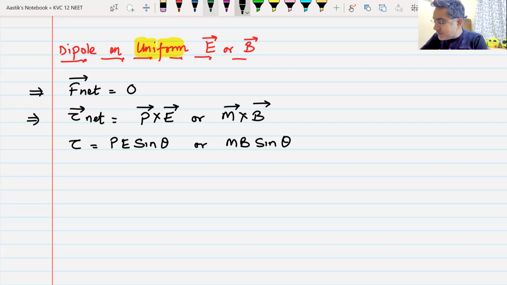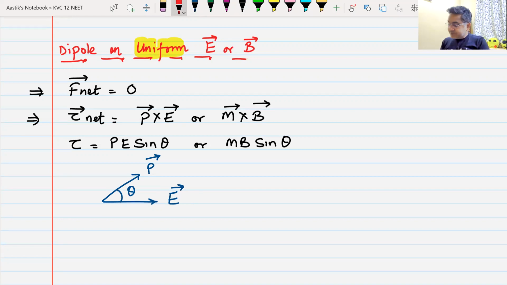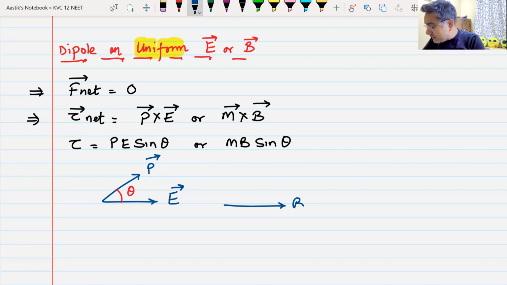If you're wondering what is theta, beta, don't wonder, because theta is nothing but the angle between the dipole moment and the electric field, or the dipole moment and the magnetic field.